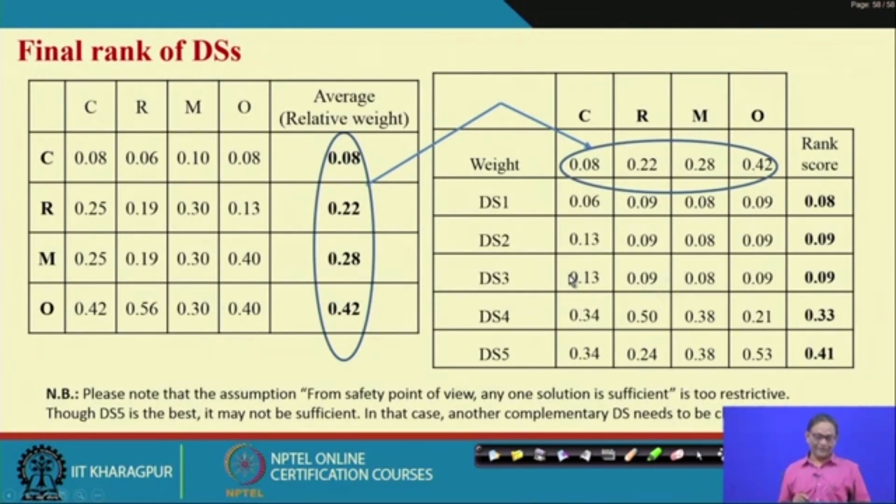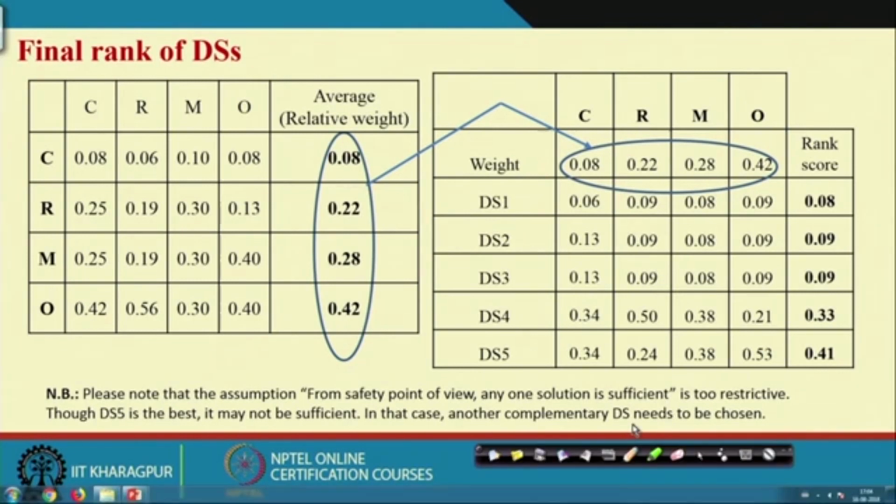After that, what will happen? There are two issues now. One is that you have the priority vector for the criteria, computed in the same manner, and you have the priority vectors for the design solutions with reference to C, R, M and O. What is this?